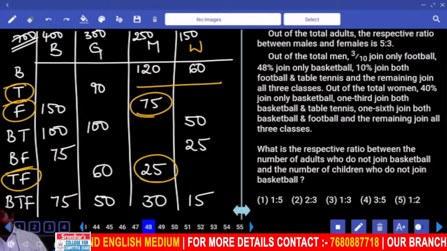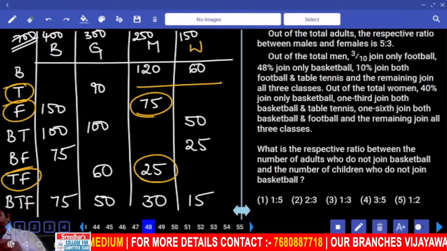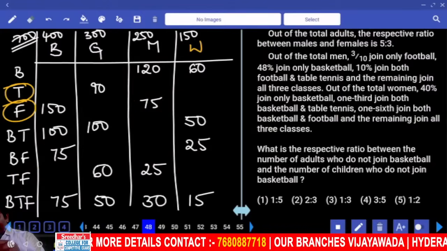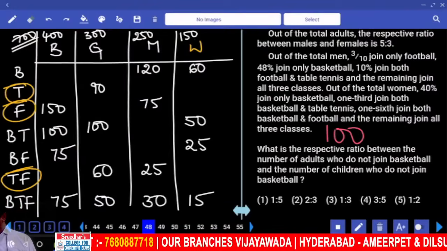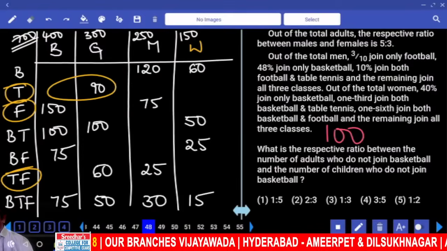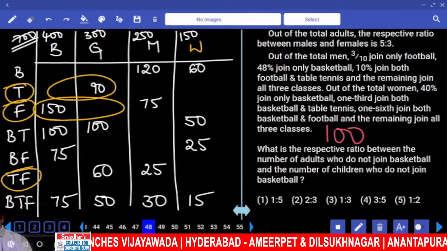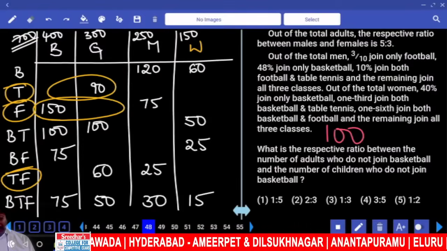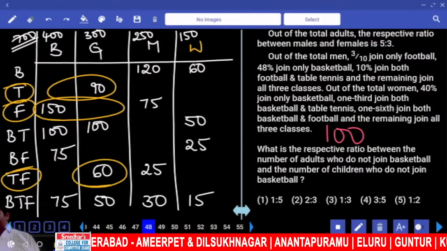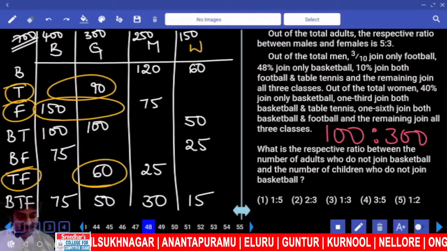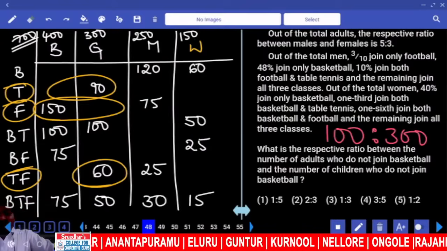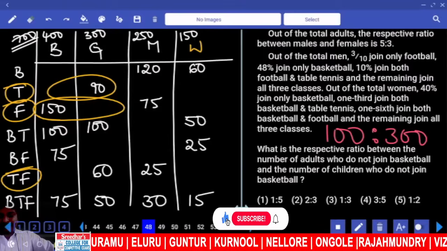Football and table tennis, 25. Both together, that is 100. Adults are 100. Now children, 90 plus 150, 240 plus 60. Now the question is about ratio, correct? 100, 300, ratio 1:3.